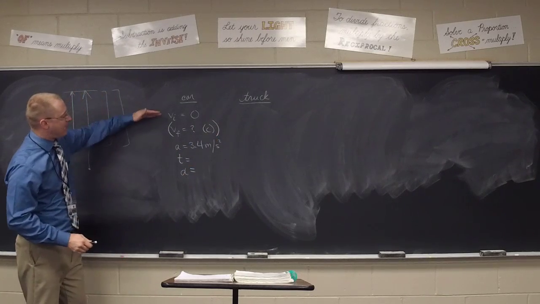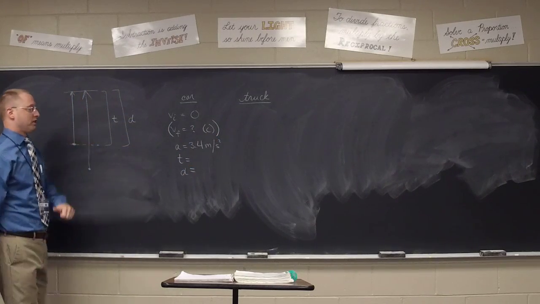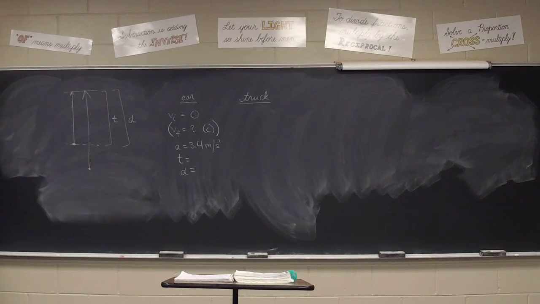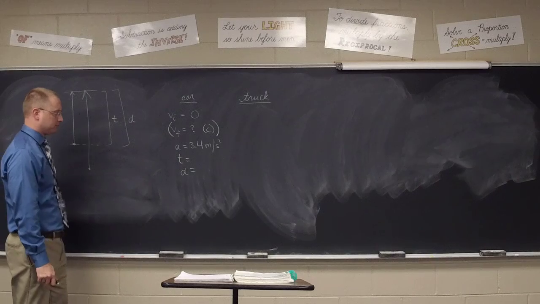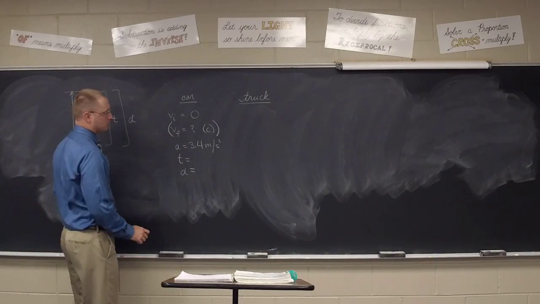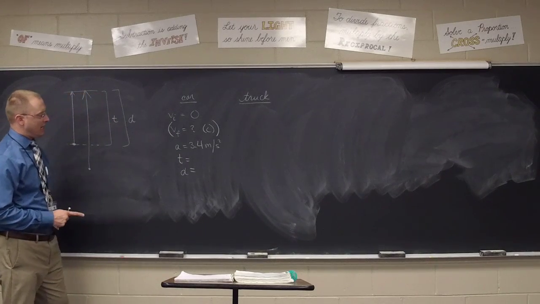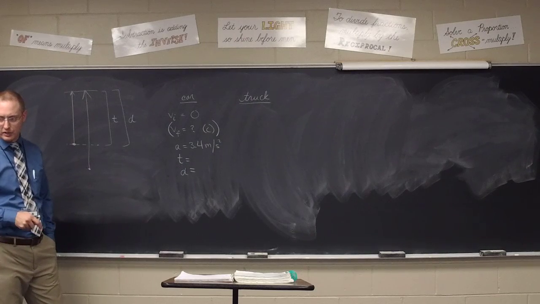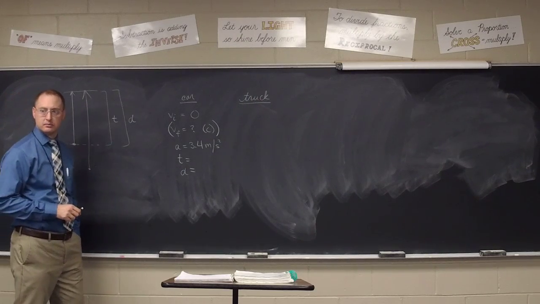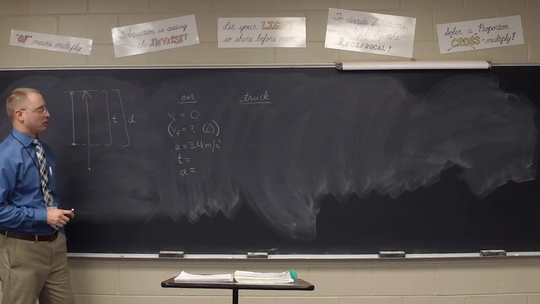Which equation has these four things in it? Audrey? V sub I, a, t, and d, all at the same time, since we're saving that final velocity for the last part.